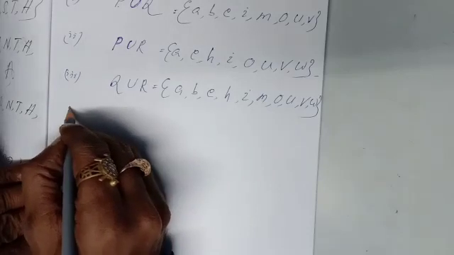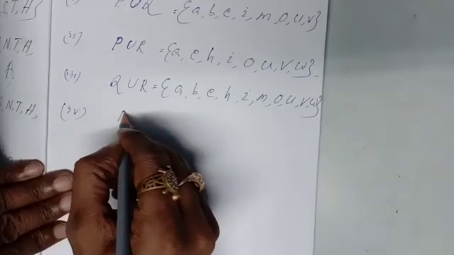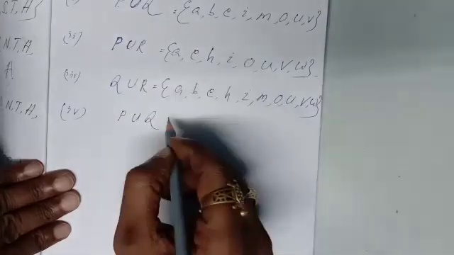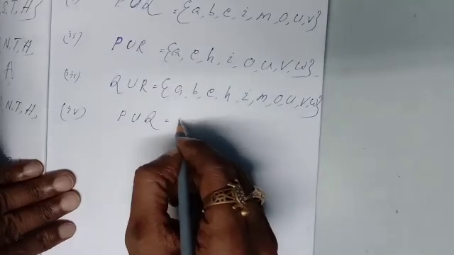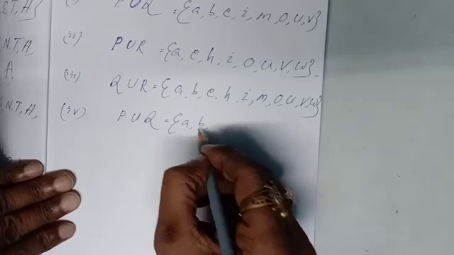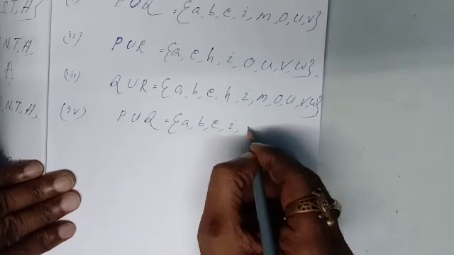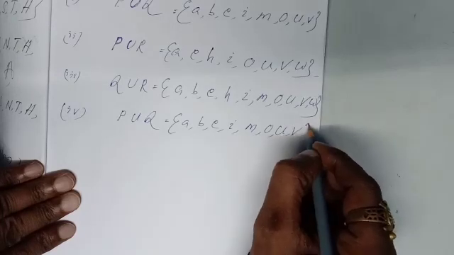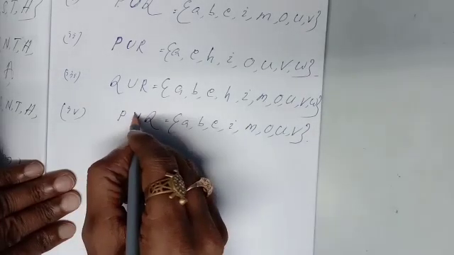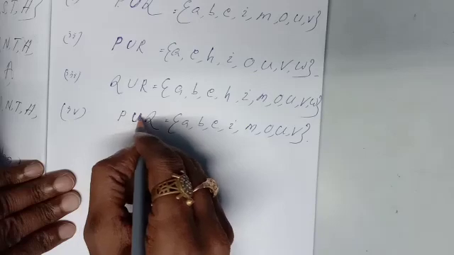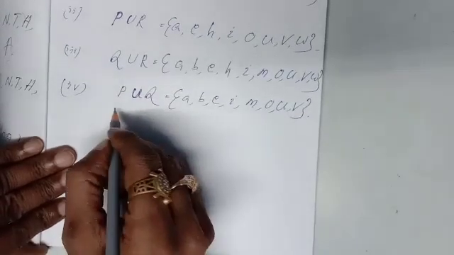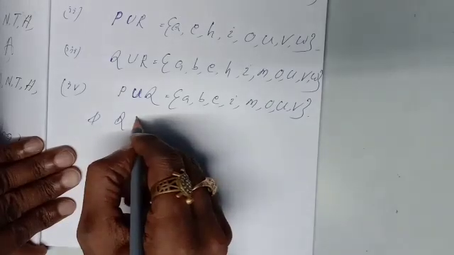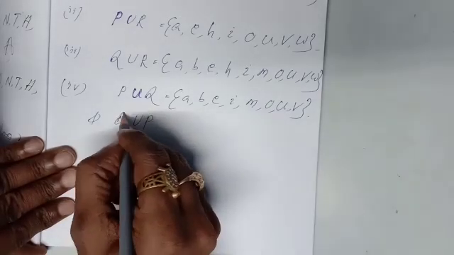Next, the fourth part: you have to prove P union Q equals Q union P. P union Q is already written: A, B, E, I, M, O, U, V. These are the elements present in P and Q. And Q union P will be the same thing or not?